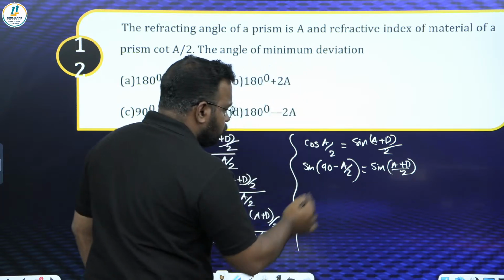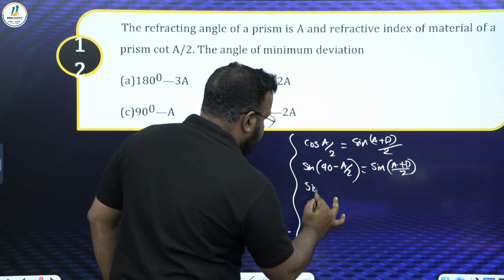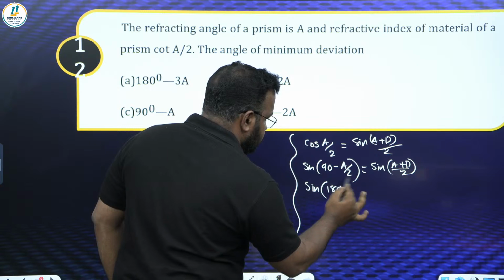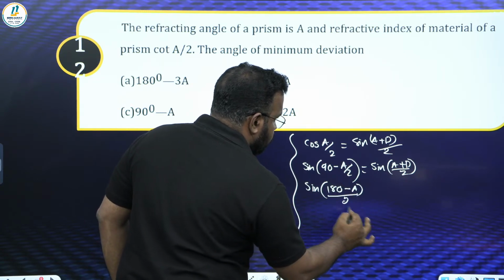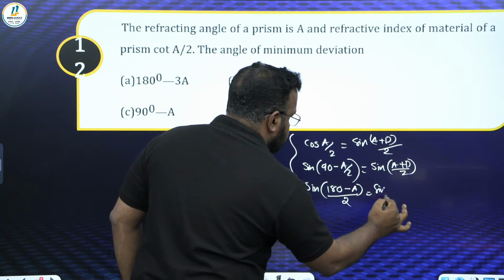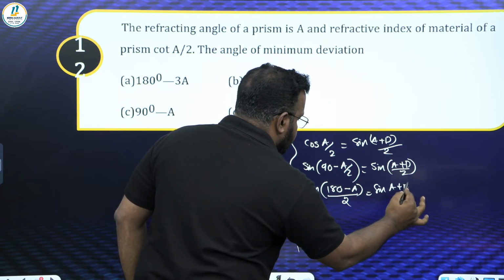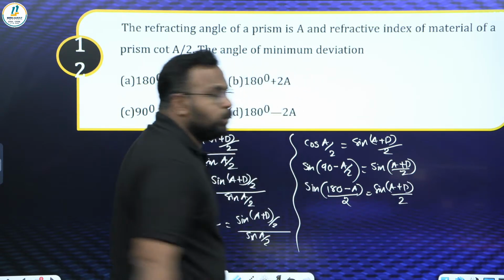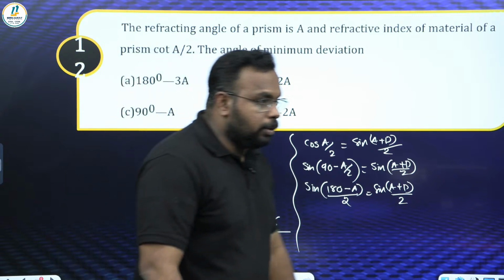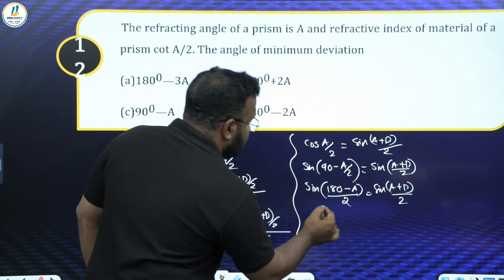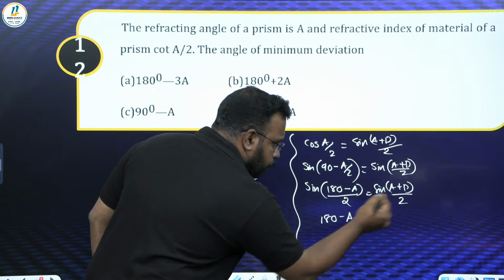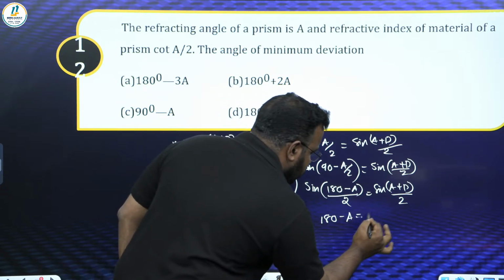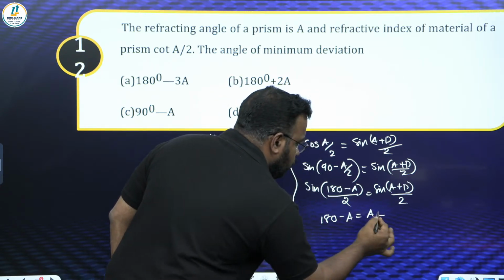Taking the LCM, we get sin of (180 minus A) by 2 is equal to sin (A plus D) by 2. Now the thing is very easy. Tell me your answers, please. By equating, we get (180 minus A) by 2 is equal to (A plus D) by 2. The 2 will be cancelled, so 180 minus A is equal to A plus D.